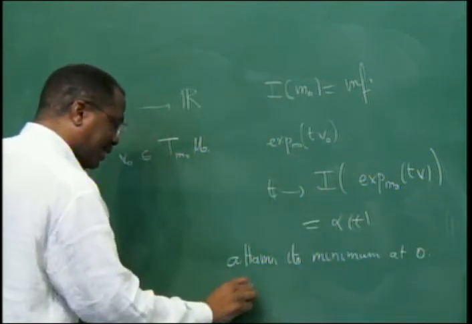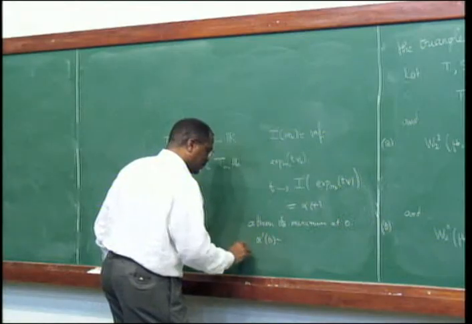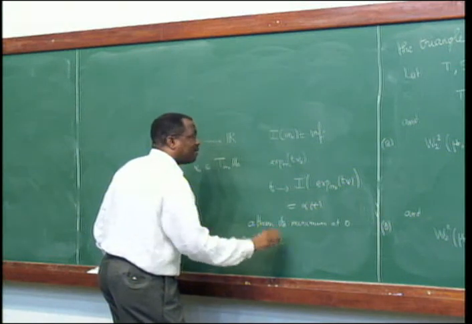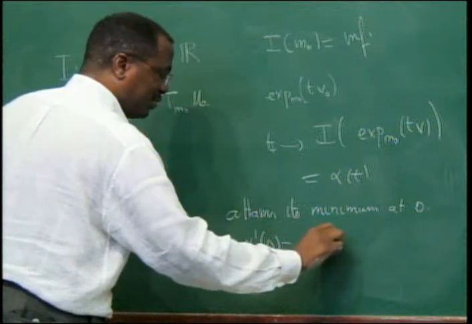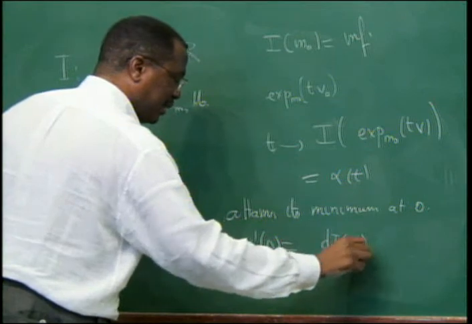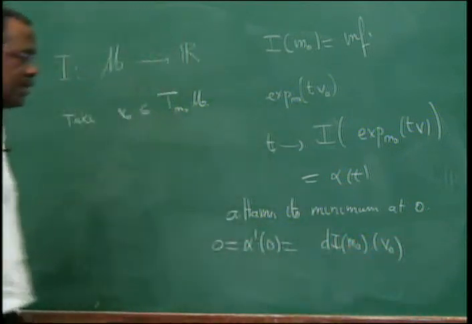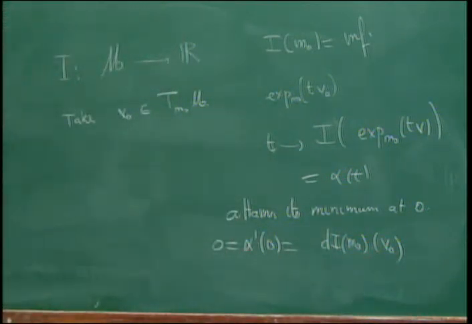So you conclude that alpha prime of 0 is 0. And in fact, alpha prime of 0 will be the differential of I at M naught applied to V naught. And that will be your Euler-Lagrange equation.